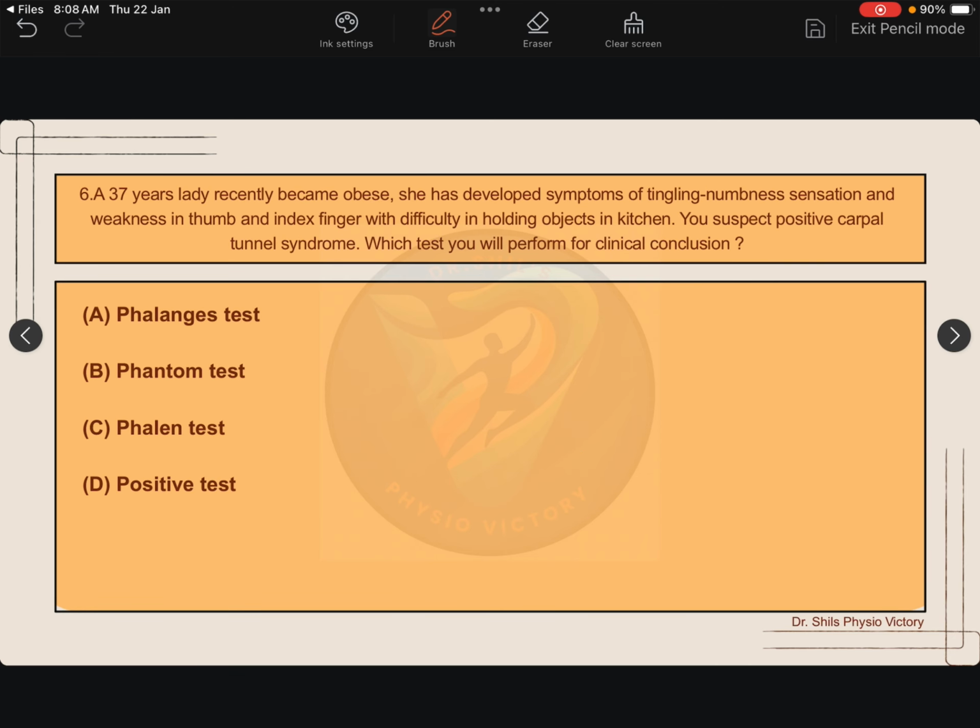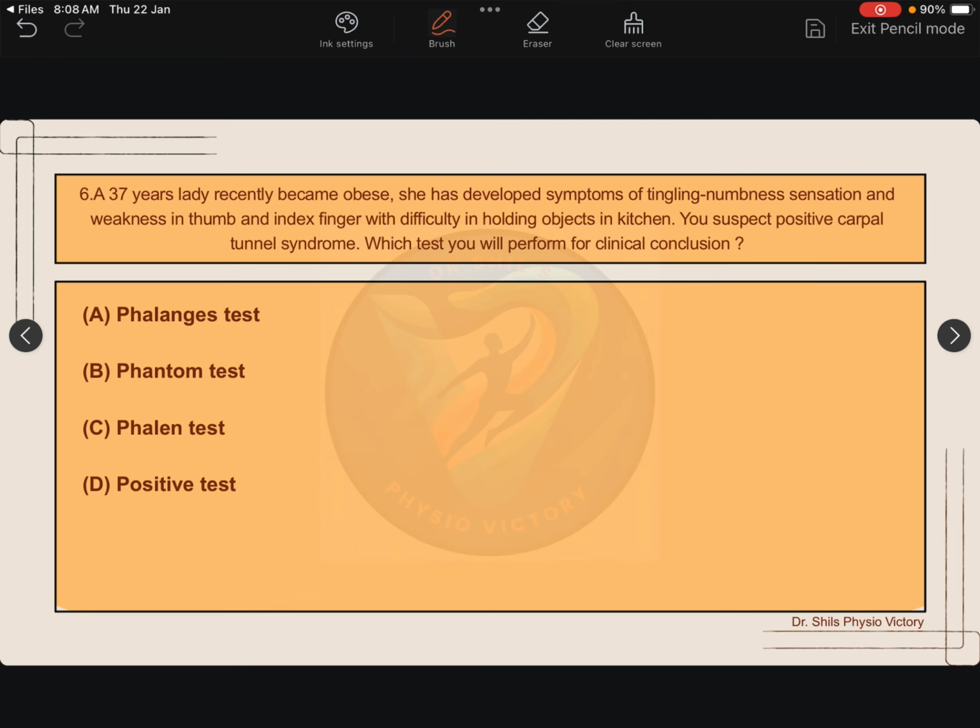Next, come to question number 6. A 37-year-old lady has recently become obese. She has developed symptoms of tingling, numbness, and weakness in the thumb and index finger, with difficulty in holding objects in the kitchen.